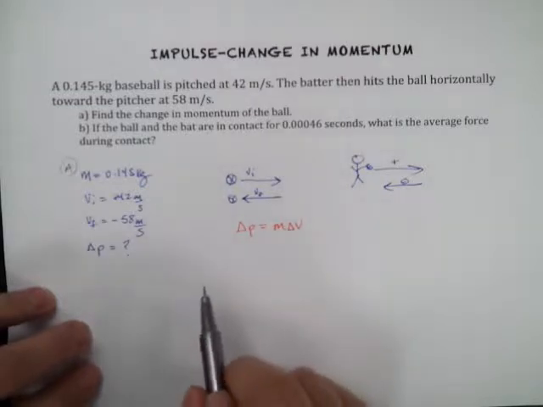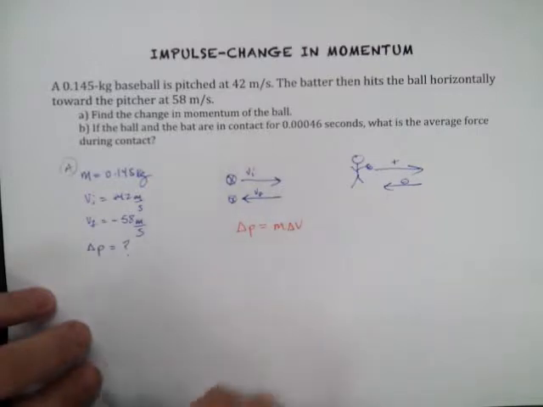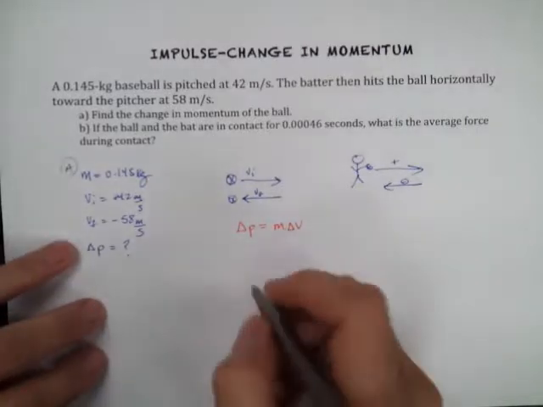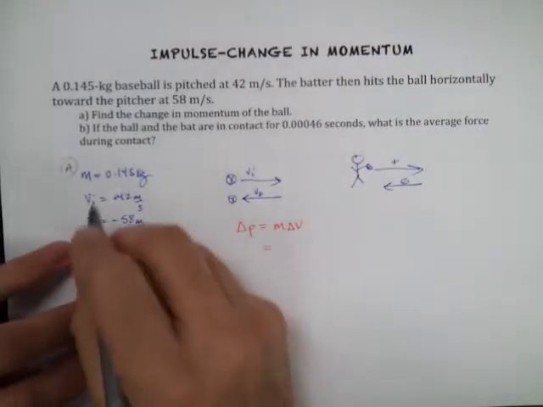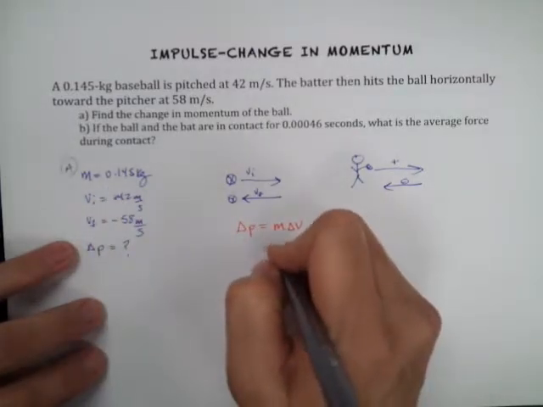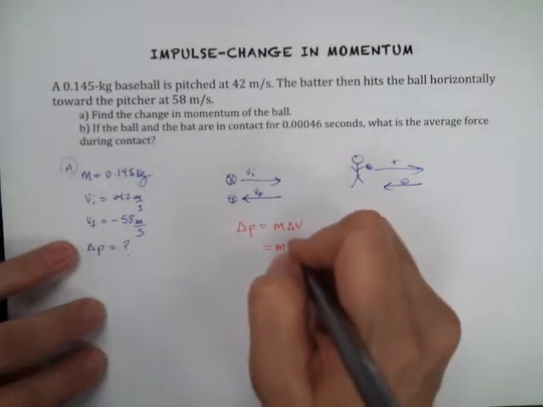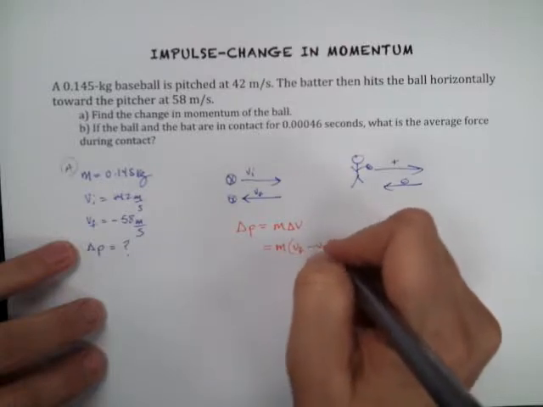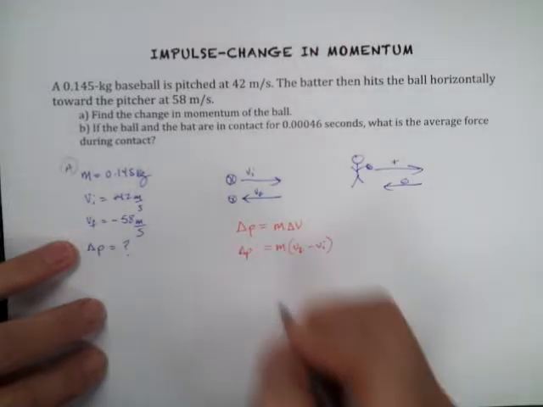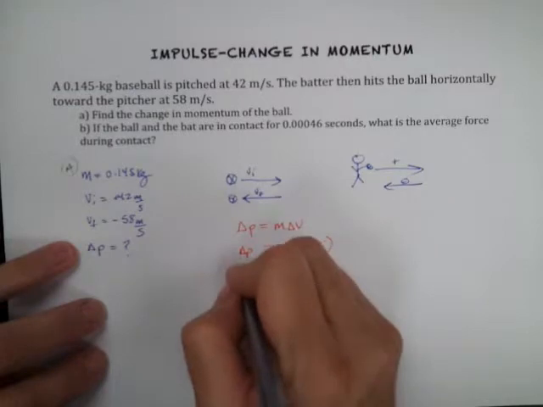Mass typically is not changing, but our velocity can more easily change. Change in V is really VF minus VI.